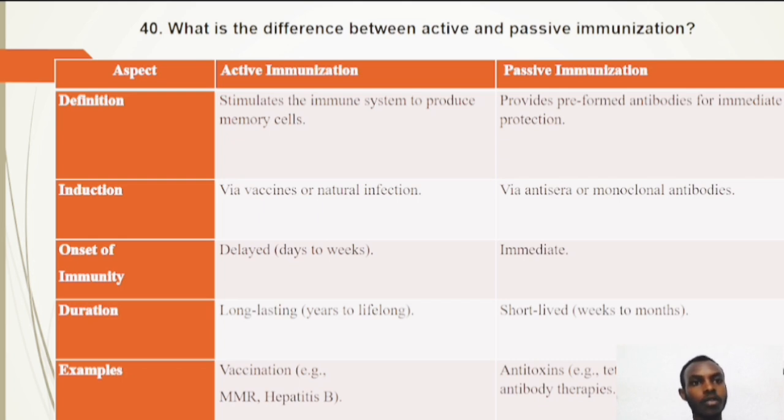So let's move on to the last question, the difference between active and passive immunization. By looking at different aspects like definition, induction, onset of immunity, duration, and examples, we are going to look at active and passive immunization. By definition, active immunization stimulates the immune system to produce memory cells.